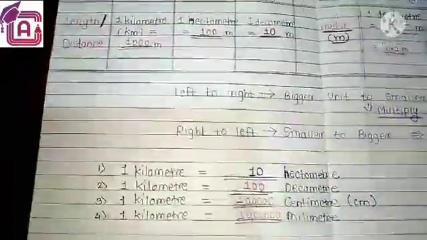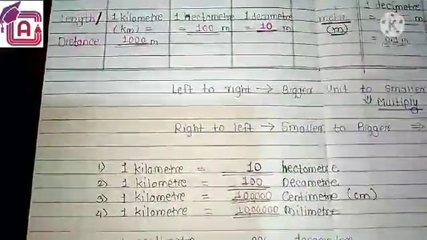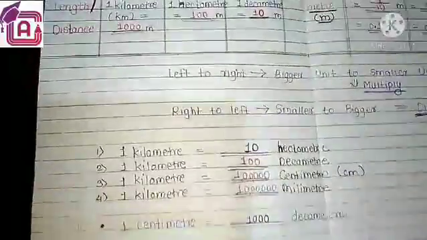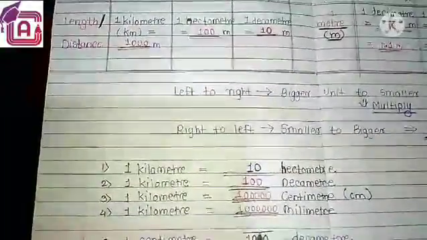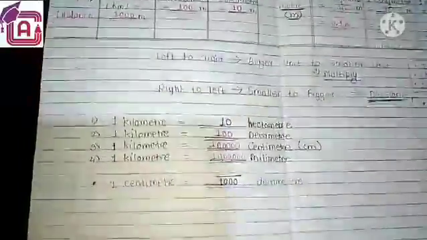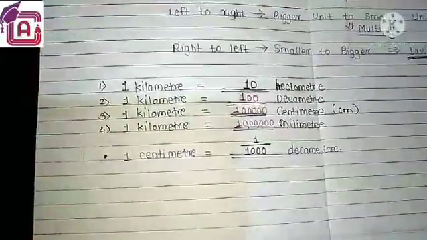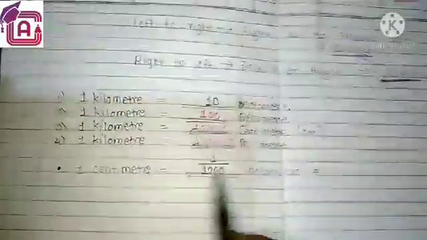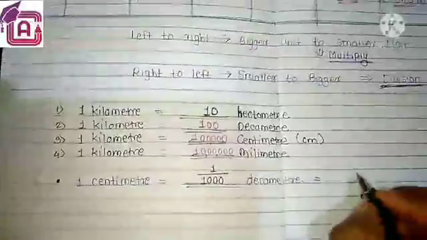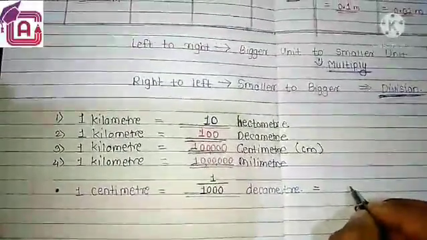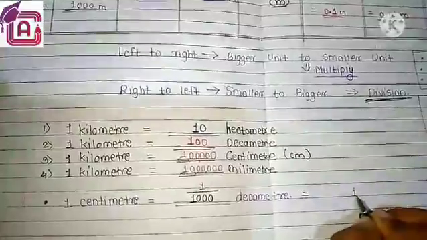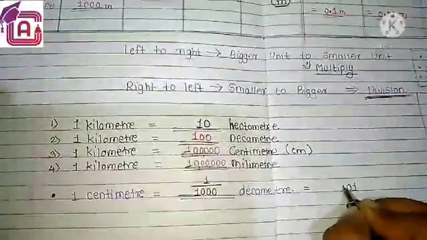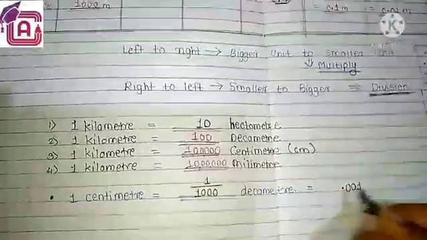So 3 zeros on a 1, that is amount 1000, which is at the denominator because it is a division, and write down 1 in the numerator, because 1 centimeter is equal to 1 upon 1000 decameter. And how do you write this in decimal point format? We have to move 3 places left: 1, first place, second place, third place, point and again 0.